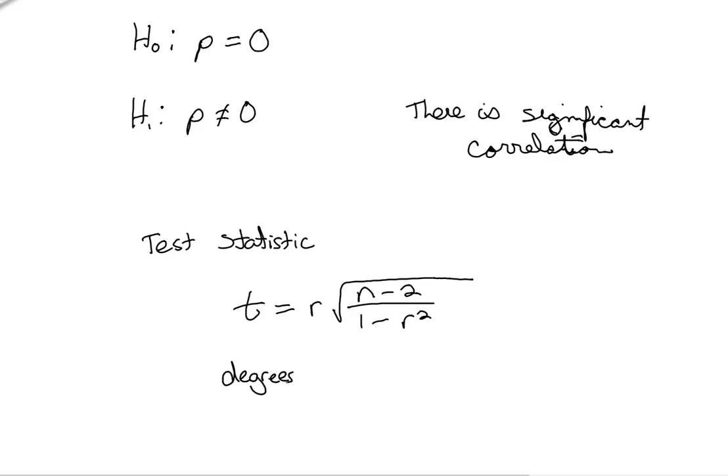Since we have two variables, our degrees of freedom for this case is n minus 2 because we're looking at two separate variables. We have to make sure that we know that because it does change the way that we look up our values in the t table, which is table F. Okay?